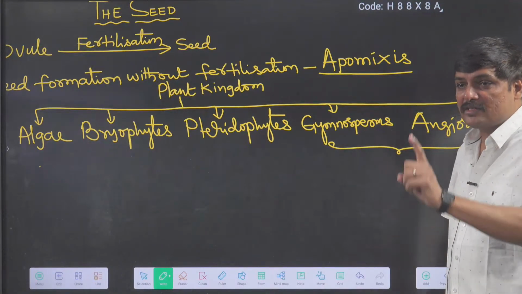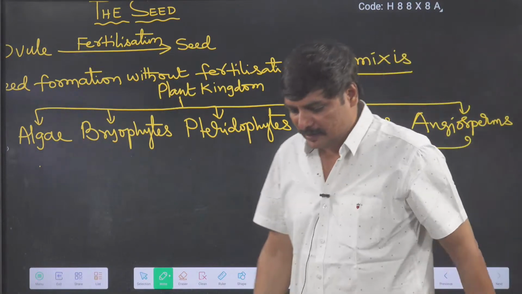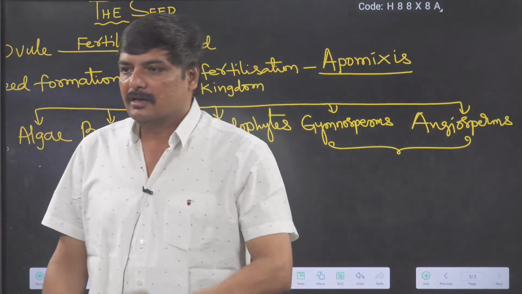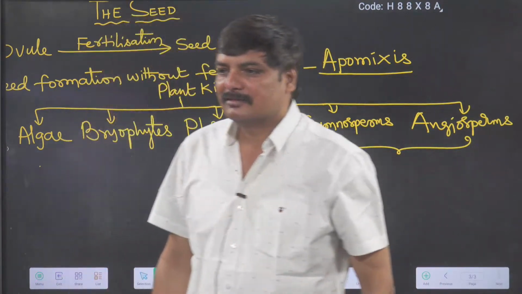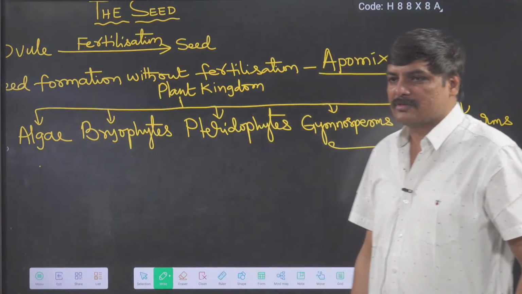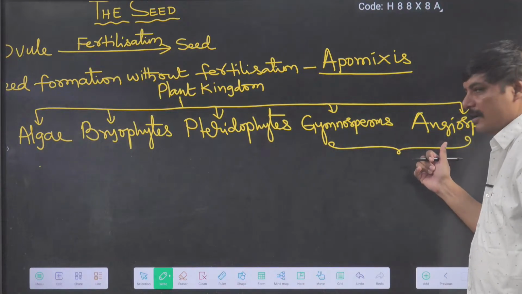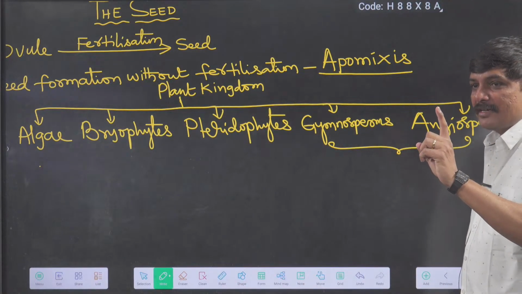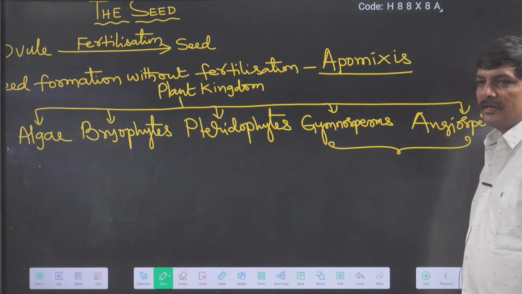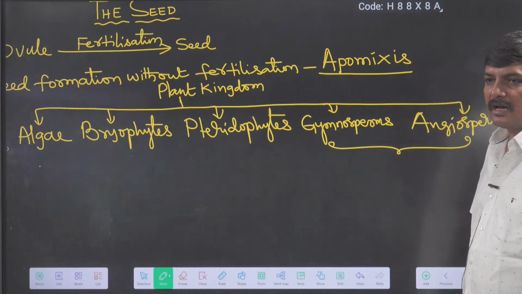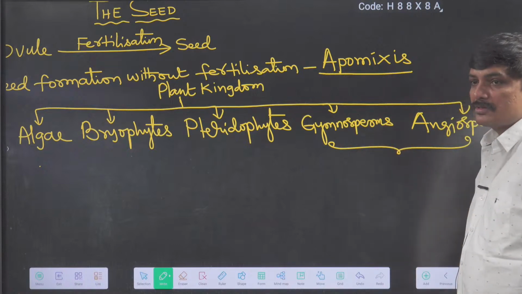Gymnosperms are the first seed plants in evolution, and advanced seed plants are angiosperms. Primitive seed plants are gymnosperms.